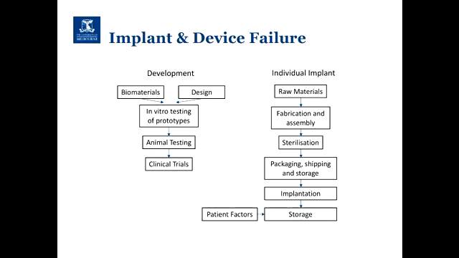You then have the individual implant, the materials that are chosen, fabrication and assembly, sterilization, packaging, shipping, storage, implantation, and then storage of the device as well, and then patient factors. So while the biomaterials is one aspect, whether or not a device fails, there are a lot of questions that can be asked and a lot of different reasons why they could fail.